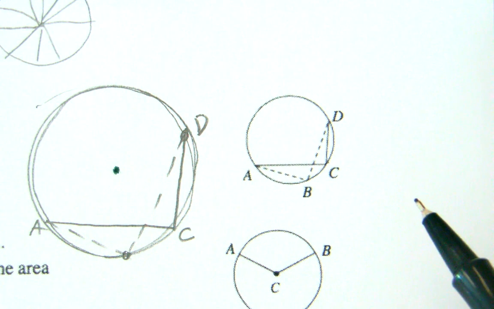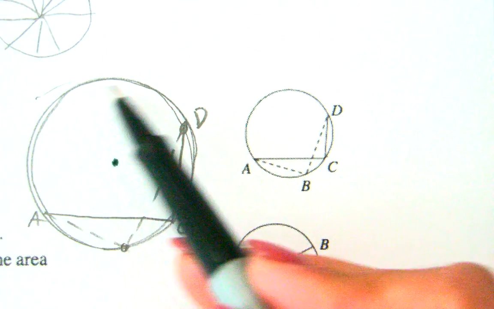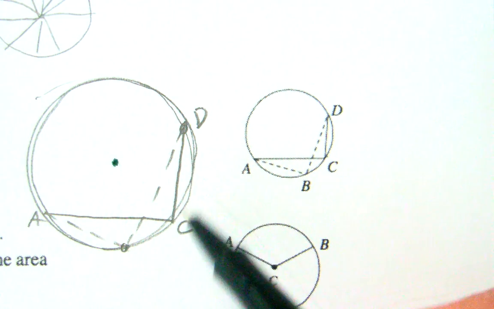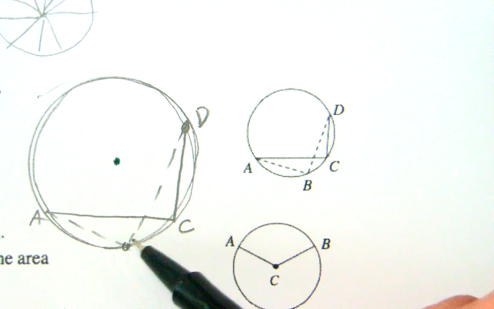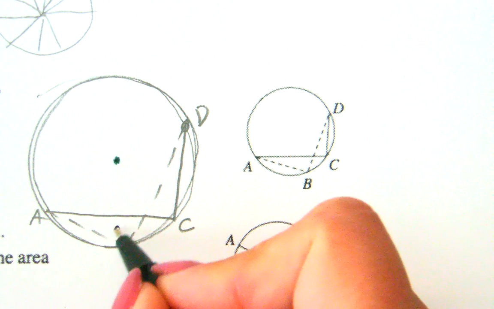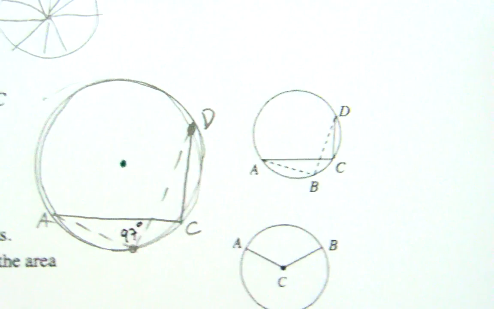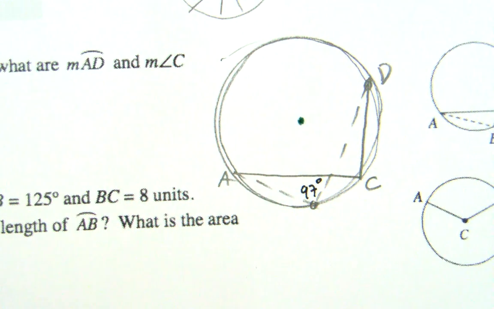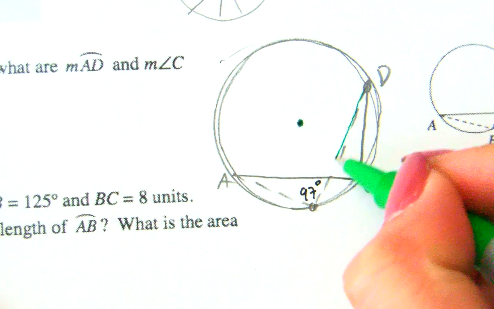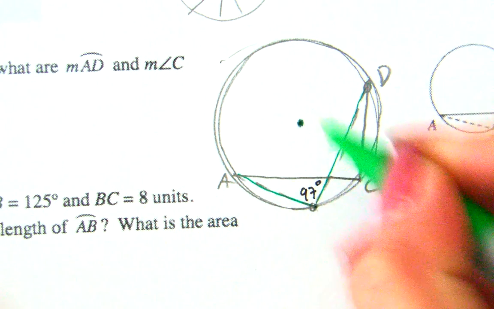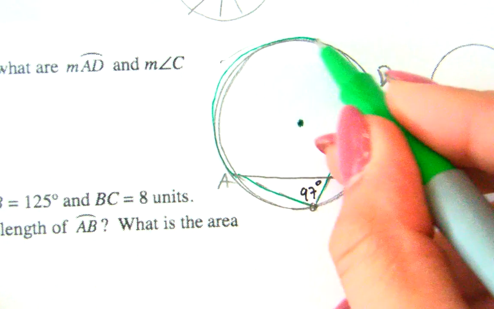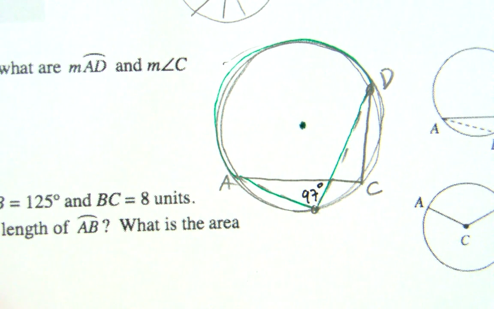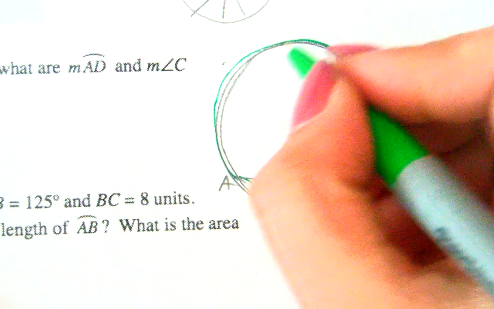So the question is, what is the measure of AD? What is this whole thing out here? And angle C if B is 97. Okay, so if B is 97, that means this angle here is 97, so this arc out here is double 97. So 194.